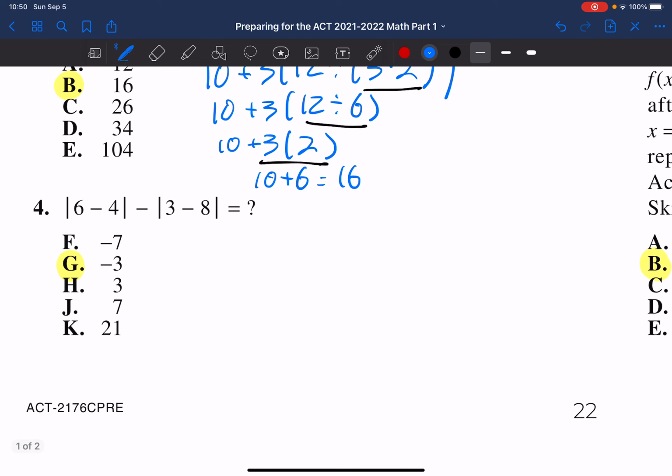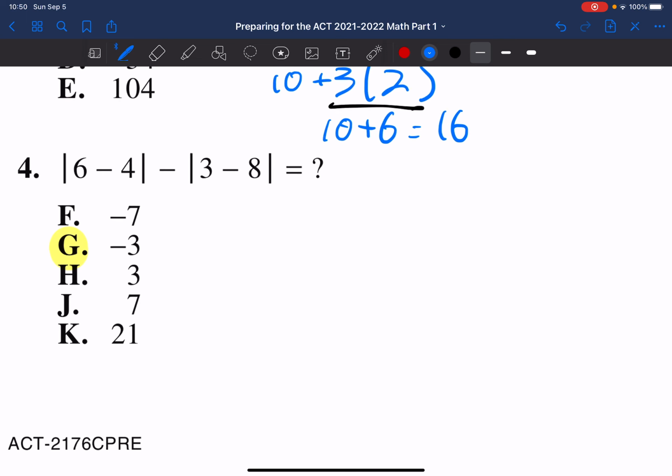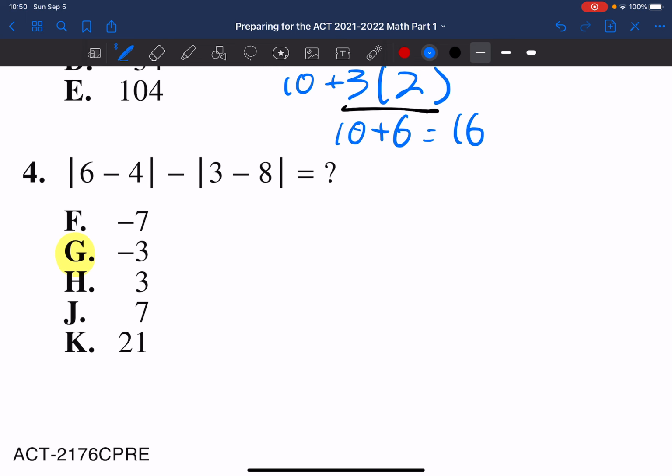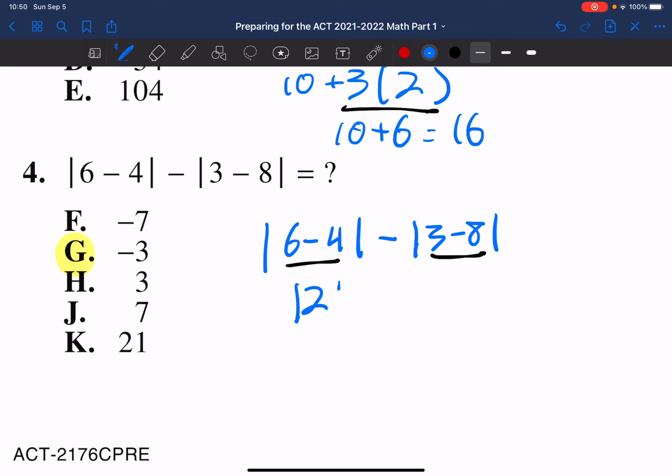All right, number 4. With this one, absolute value is kind of like a parentheses. The only difference is that at the end, whatever number is on the inside, you make it positive. So first you have to compute these two numbers here. 6 minus 4 is 2.